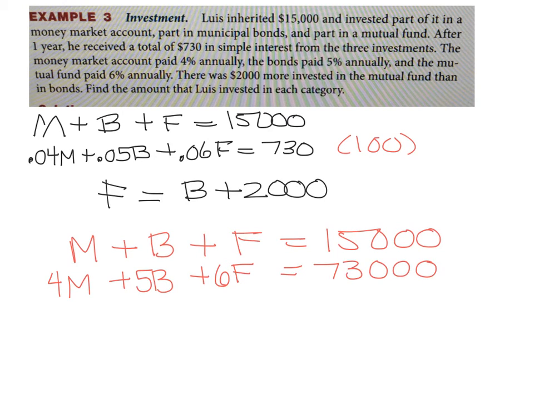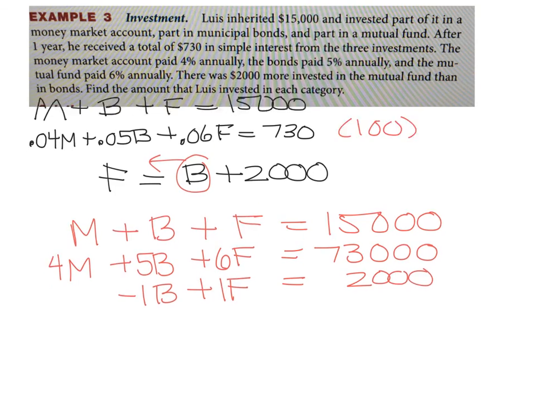And then I'm going to reorder the third equation so that f and b are on the same side. So to do that, I'm going to have to subtract b to the left-hand side. So I will have minus 1b plus 1f equals 2,000.